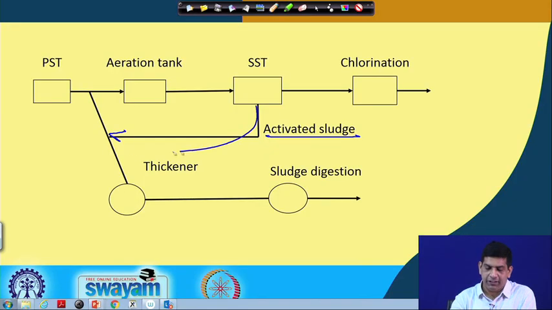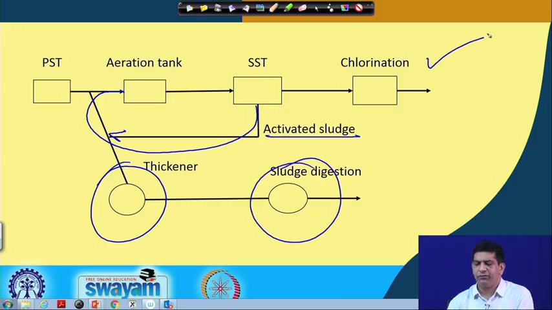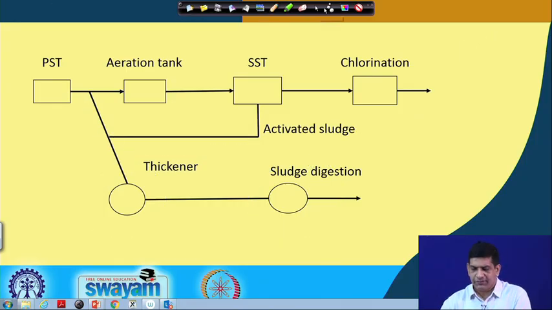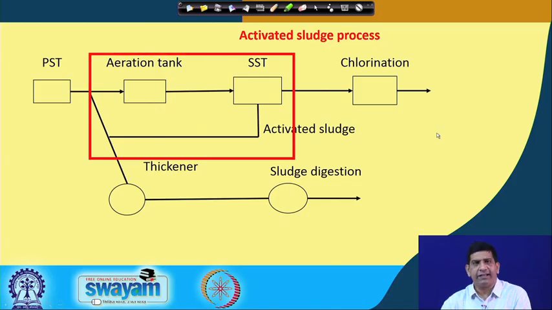Some sludge is also removed from here, and that sludge will be digested. Before you send the effluent, you need to do chlorination, which we talked about earlier as well. This part is called the activated sludge process, where you have the aeration tank and the secondary sedimentation tank.